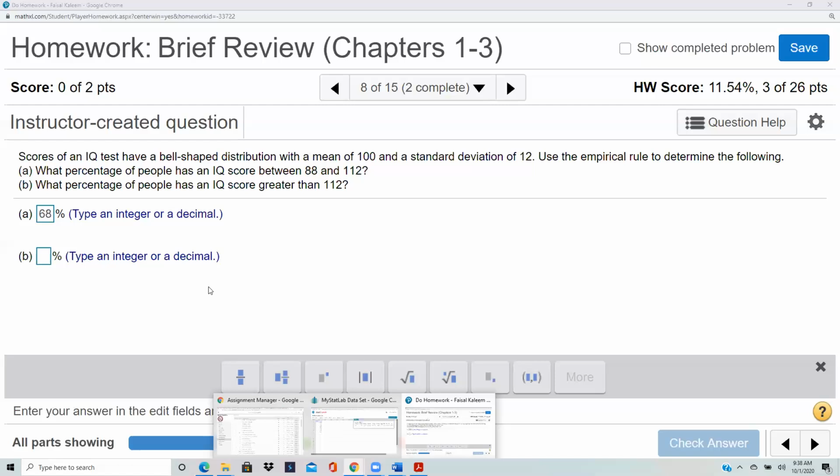I mean, it works, but it seems that you have to remember a lot of things in order to do that. You do, so I hope there's an easier way. Yeah, I think there is an easier way, which only requires you to know the three numbers of the empirical rule: the 68, the 95, and the 99.7. So when you do 112, it's still one standard deviation that we are talking about, right?